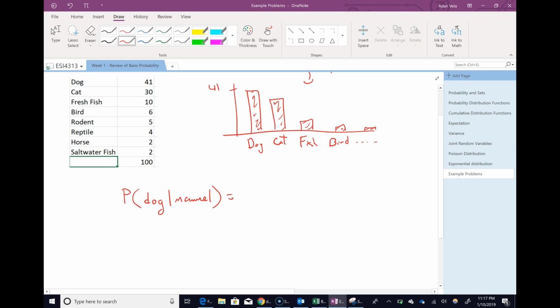This is one of the problems we did. The way we'd go about calculating that is by finding the probability of owning a dog and owning a mammal, divided by the probability of owning a mammalian pet.